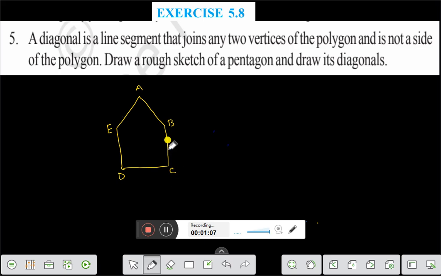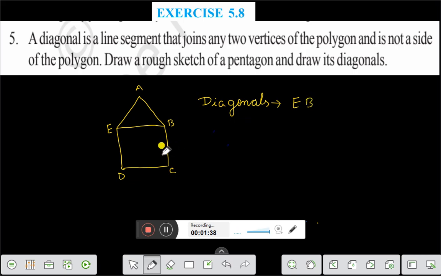Now if I join two vertices, any two vertices, suppose I am joining vertices E with B, then one diagonal is EB or BE, right?